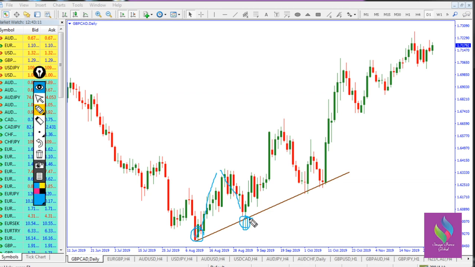Why is the area active? Because that area was respected initially, and we were only connecting our trend line.